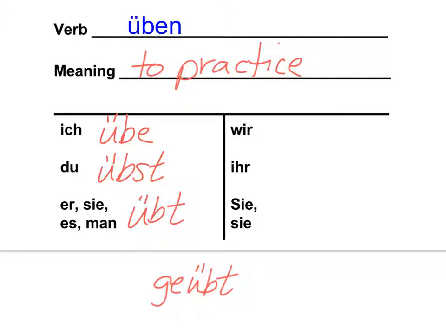I still think it's fun to say. Alright, wir? Üben. Yep. What about ihr? Übt. And Sie? Üben. Yep. Make sure it sounds icky. If you're saying üben, you're not doing the umlauts. You're just saying it as if it's a U. So, üben.